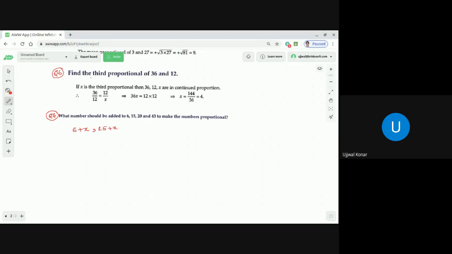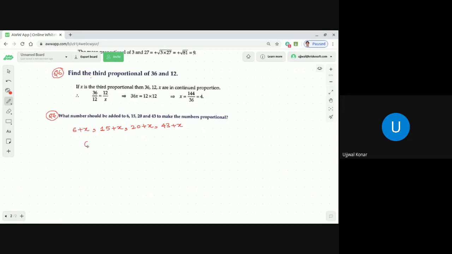Then 15 plus x, then 20 plus x, and 43 plus x, correct or not? All these four numbers are in proportion now.